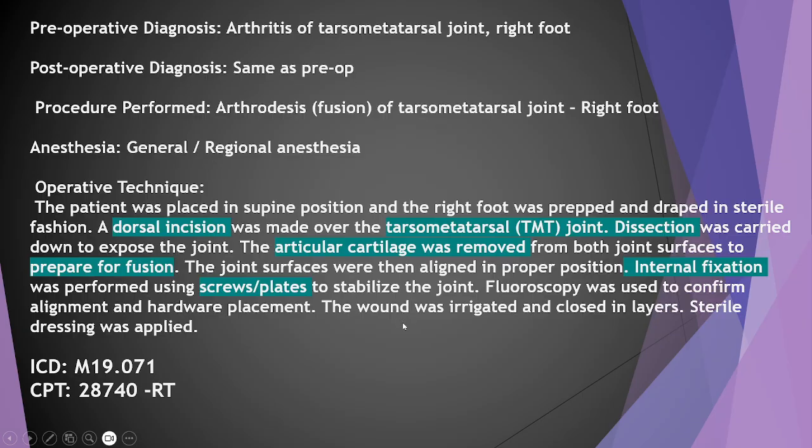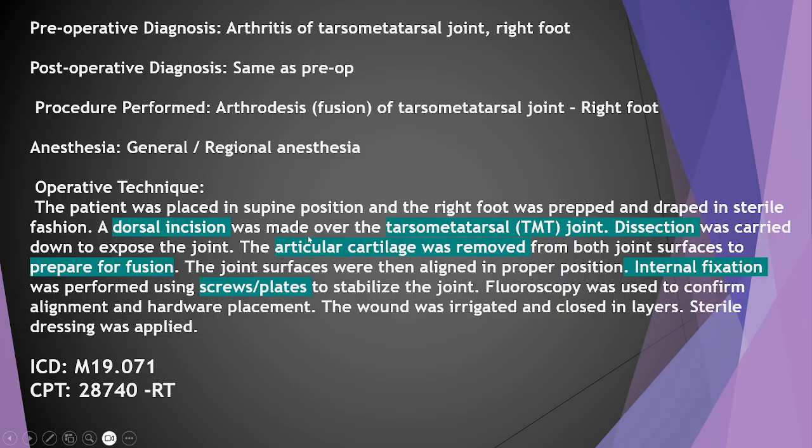So we'll see one OP report for this. Diagnosis: arthritis of the tarsometatarsal joint, right foot. Procedure performed: arthrodesis, that is fusion of the tarsometatarsal joint, right foot. Operative technique: the patient was placed in the supine position and the right foot was prepped and draped in sterile fashion.